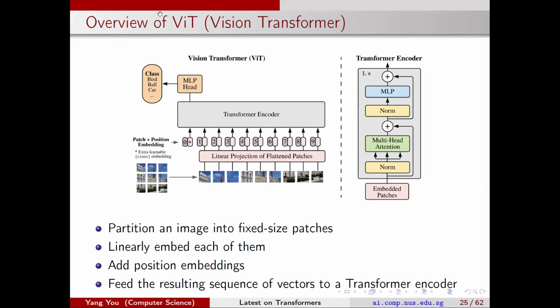That's a kind of embedding. We linearly embed each of them. And we also know the image has position information, like 1, 2, 3, 4, 5, 6, 7, 8, 9. That's the 1D position information.